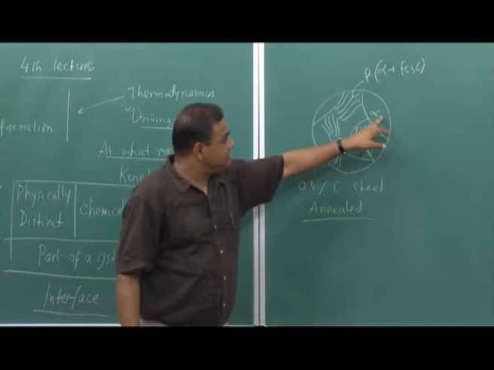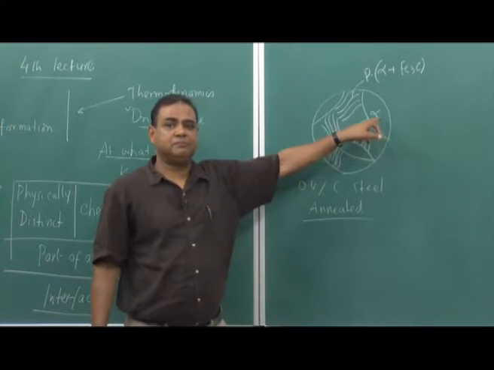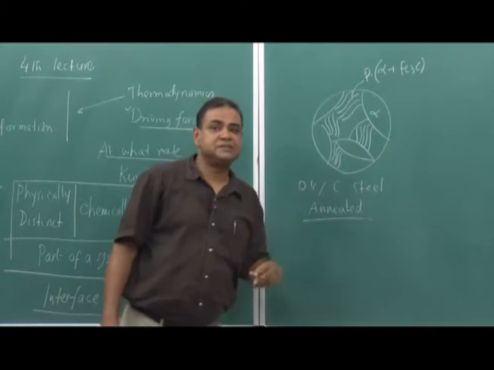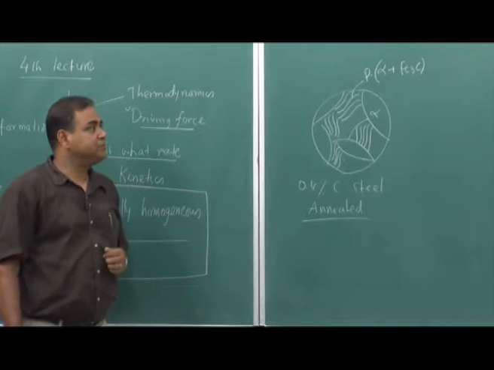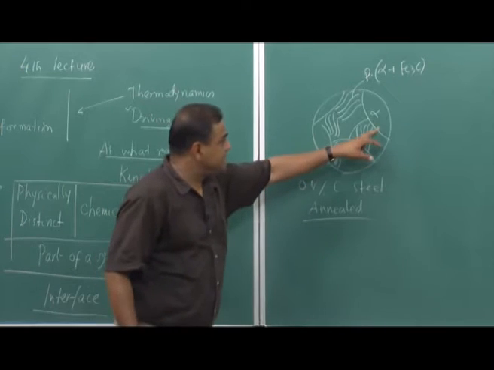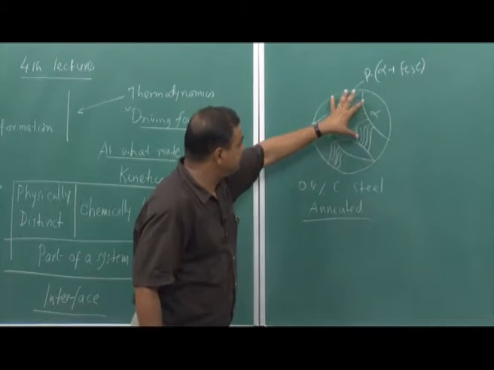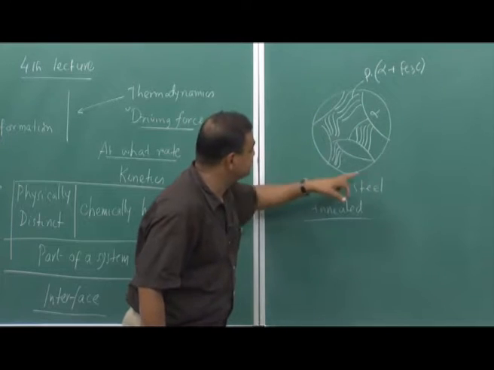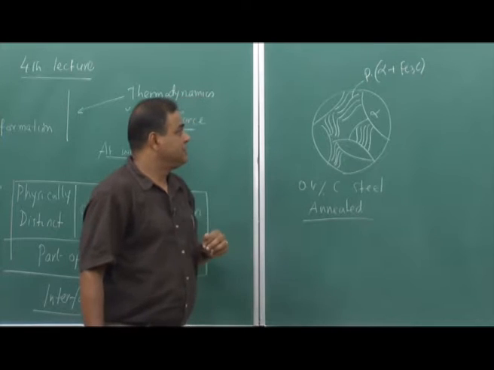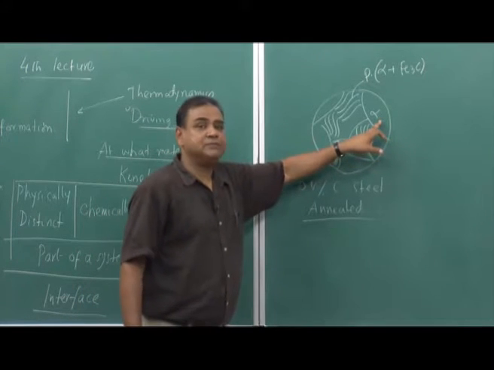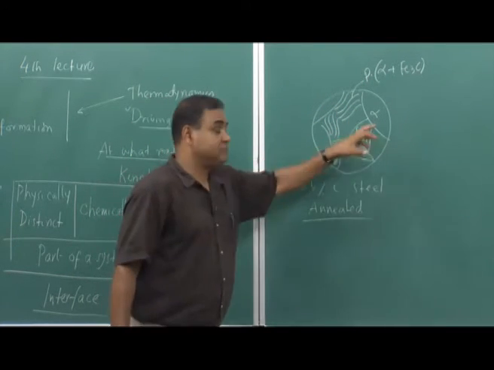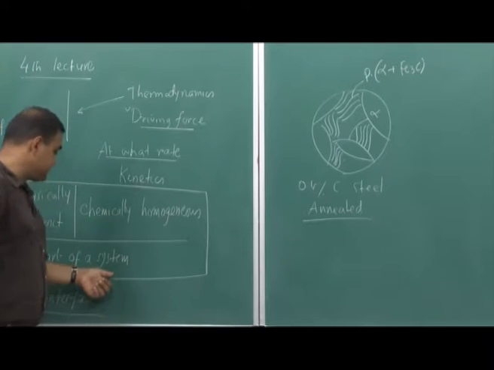Here, if we see alpha, which is the BCC phase in steel, which is nothing but an interstitial solid solution of carbon in iron, and if we see that this phase is separated from the rest of the system with an interface, which is the grain boundary, then that part of the system is fulfilled.